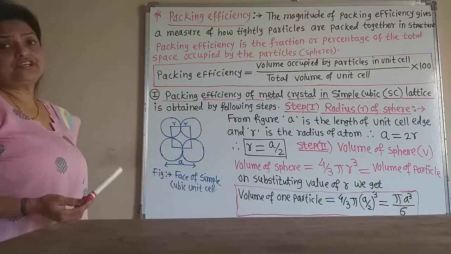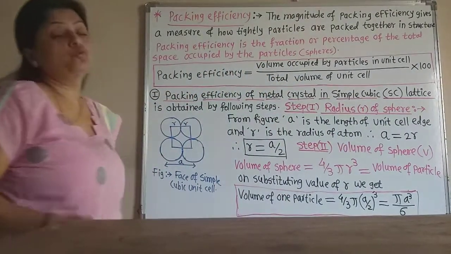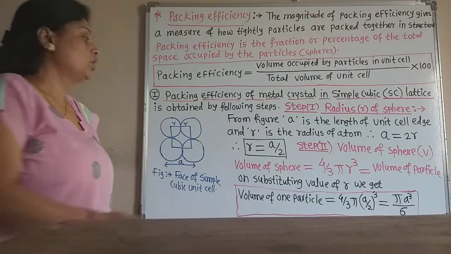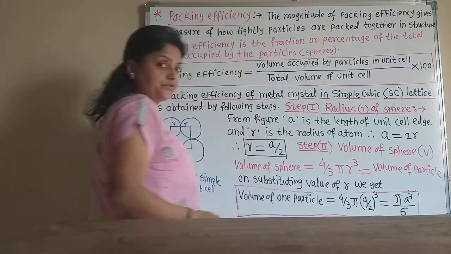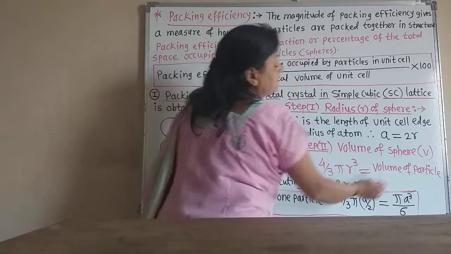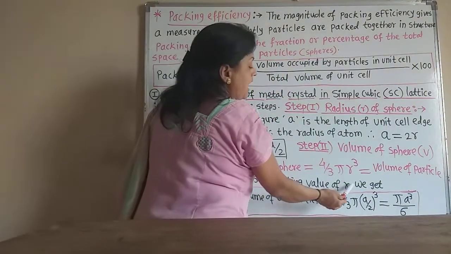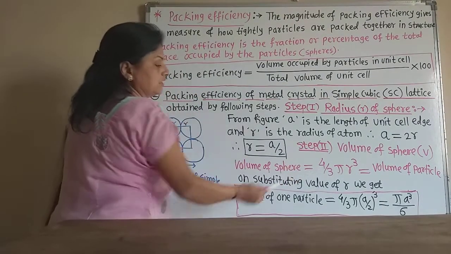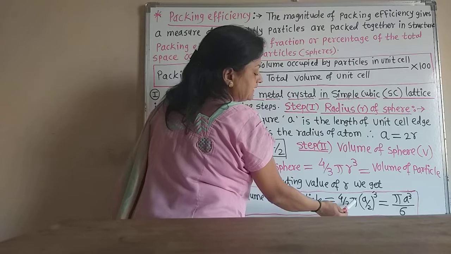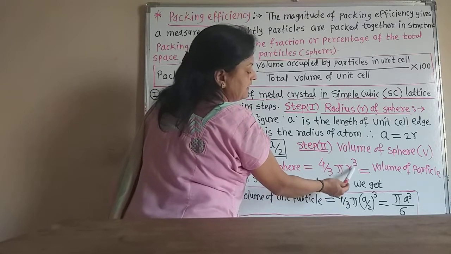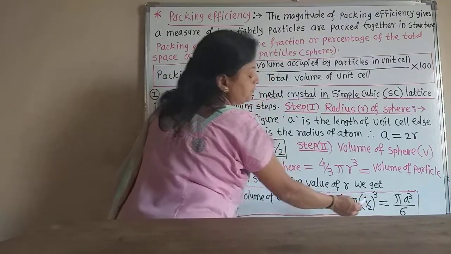Now in the second step, we have to calculate the volume of the sphere, that is, the volume of one particle. The volume of a sphere is 4 by 3 pi r cube, which is the volume of the particle in the unit cell. On substituting the value of r in this equation, we obtain the volume of one particle as 4 by 3 pi, where r is substituted as a divided by 2, and its cube.